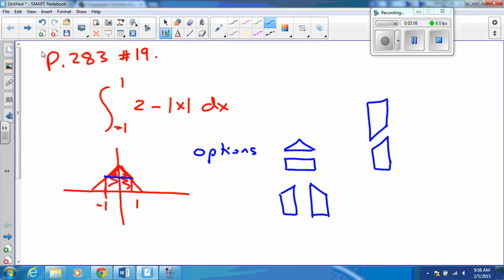Or we could just do those two trapezoids. I'm sorry, I'm having trouble visualizing that. If you do the left side, then that one would be shorter and the one on the right would be taller. So I take this little triangle and move it like this. So I end up with this and this.